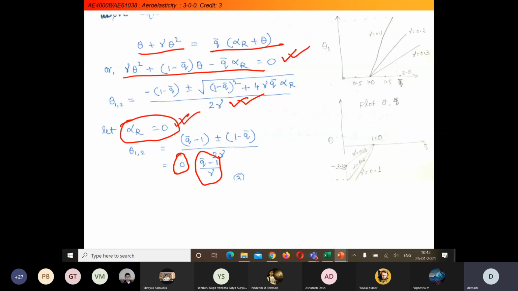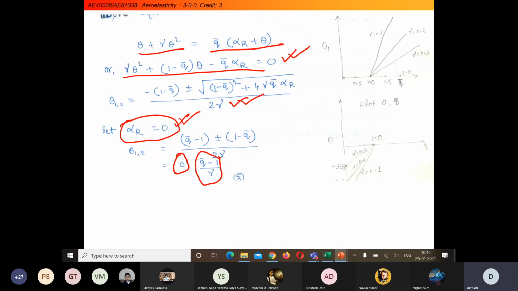Suppose we have a certain value of gamma, we can calculate for what value of q bar this theta 1 comma 2 will become infinite. For that we can find out the q bar. Anyway, we will not be getting it directly from here. We will be considering different perspectives to find out the divergent dynamic pressure for which this system will become unstable.